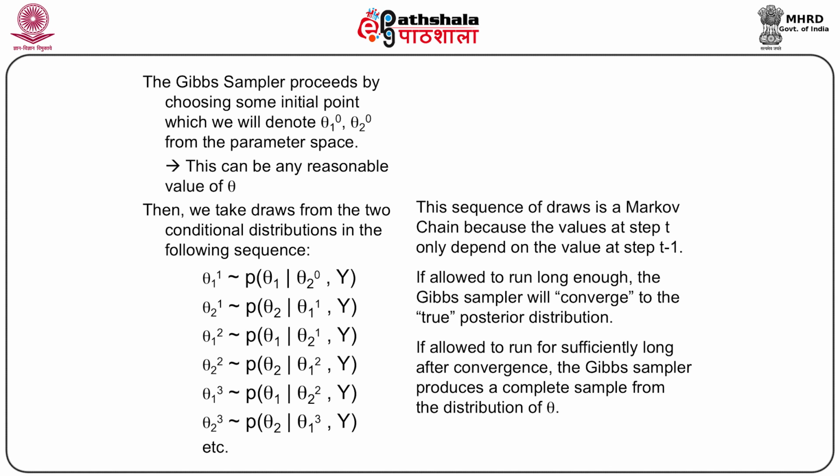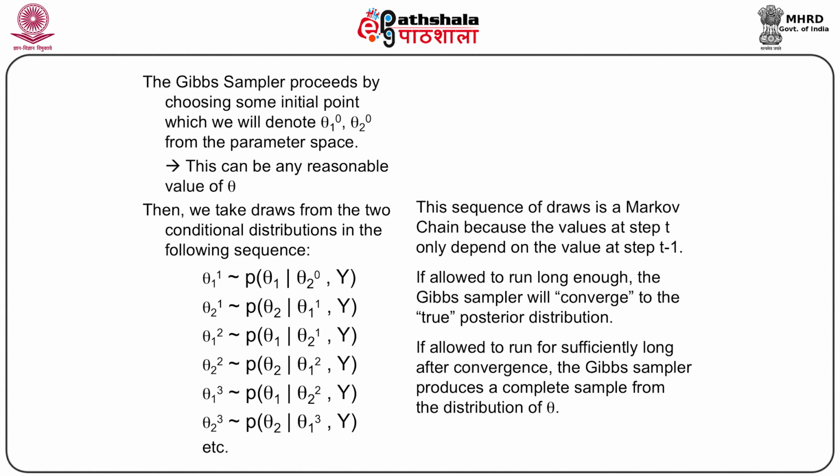Then theta 2 superscript 1 is from the distribution of theta 2 given theta 1 superscript 1 and y, and theta 1 superscript 2 is from theta 1 given theta 2 superscript 1 and y, and theta 2 superscript 2 will be from theta 2 given theta 1 superscript 2 and y, and theta 1 superscript 3 will be from theta 1 given theta 2 superscript 2 and y, and theta 2 superscript 3 at the third iteration stage is from theta 2 given theta 1 superscript 3 and y.